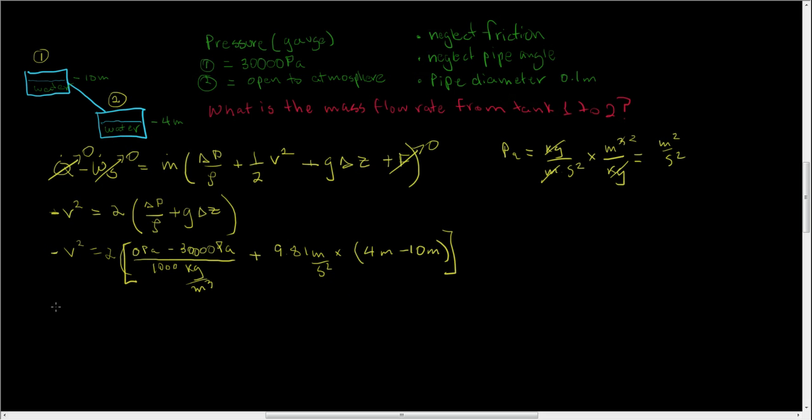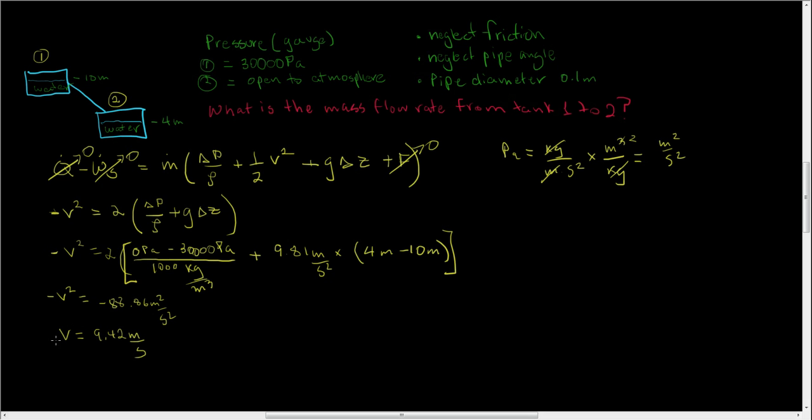Now when we get to this point, for negative v squared we get negative 88.86 meters squared per second squared. Now we pass the negative to this side, divide by negative 1 on both sides, and take the square root, and we get that the velocity is equal to 9.42 meters per second.